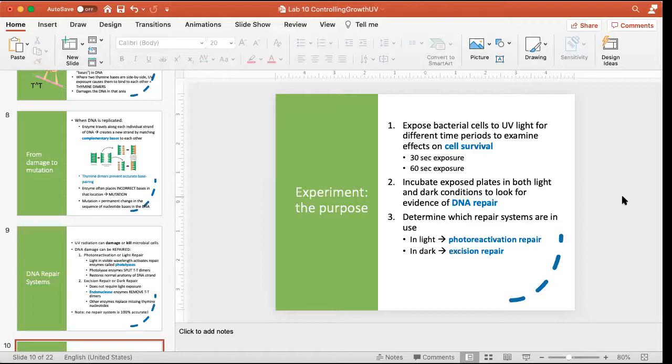We'll incubate one of the plates in the light, and we'll incubate one of the plates in the dark. In other words, we'll allow the photoreactivation system to work on one plate, and we'll allow the endonuclease excision repair system to work on the other plate.